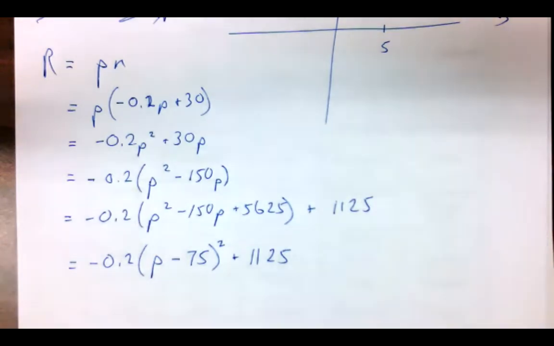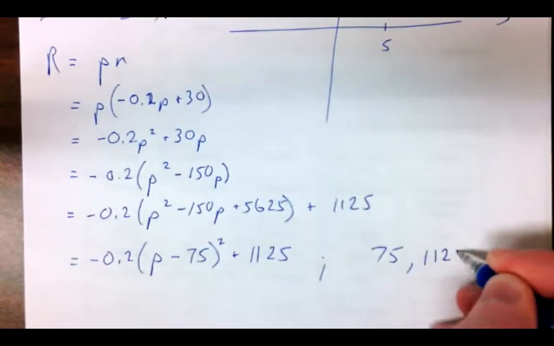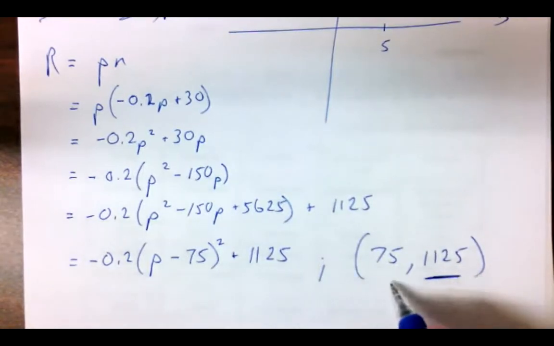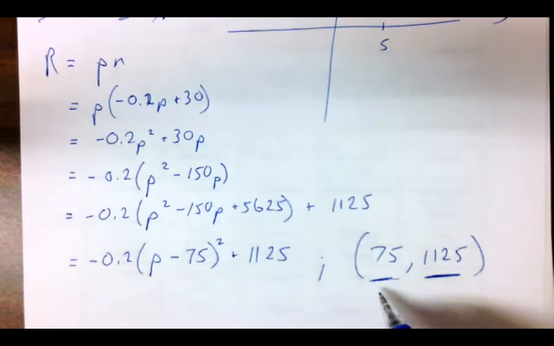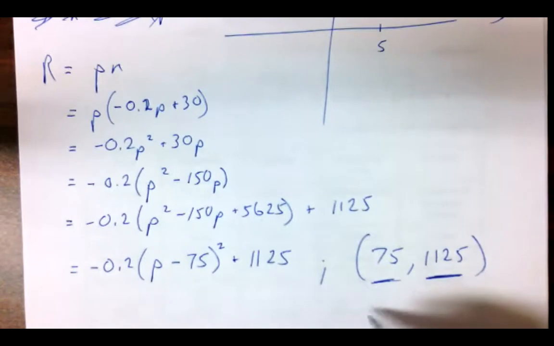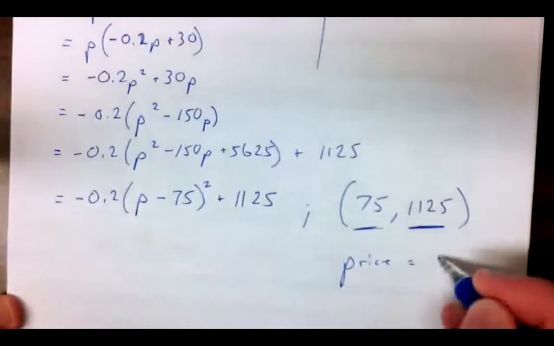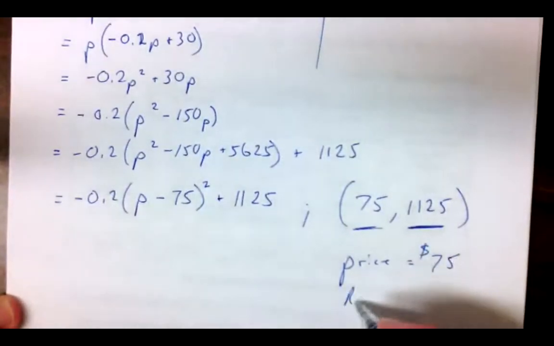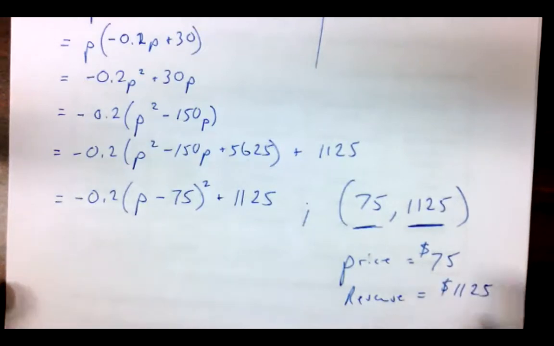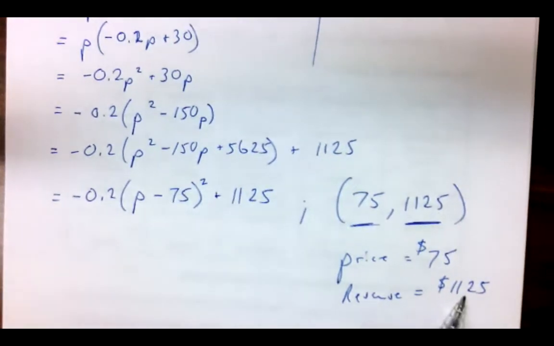So our vertex is 75 and 1125, which means this is the revenue. P is the price. So whatever things they are, we're selling them for 75 bucks each. So the price is $75. The revenue is $1125. What is the maximum revenue for this product? Okay, so that's A. What is the selling price?